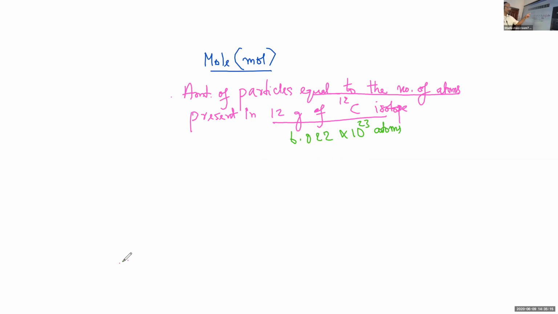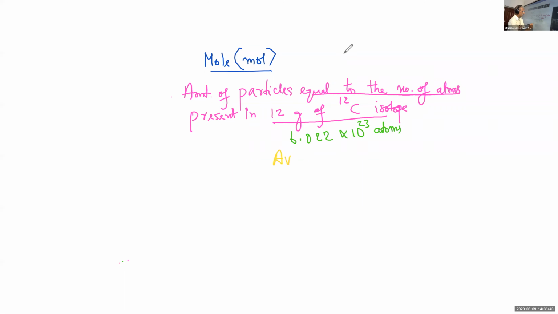So what will be 1 mole? So 1 mole is equal to the amount of particles equal to 6.022 into 10 raised to 23 atoms. This number has a special name. And that number is called Avogadro number.